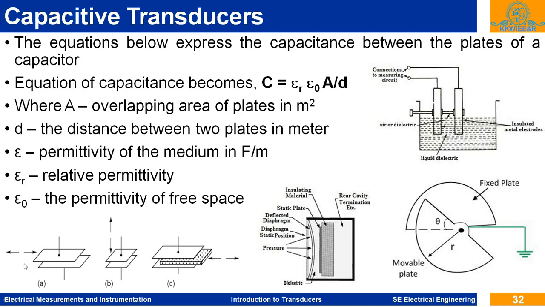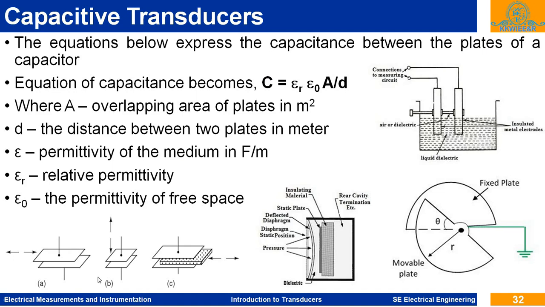Here one plate is fixed, another plate is attached to a moving arrangement. If there is a displacement, say to the left and right side, the overlapping cross-sectional area is changed. As there is a change in the area, the capacitance will change.